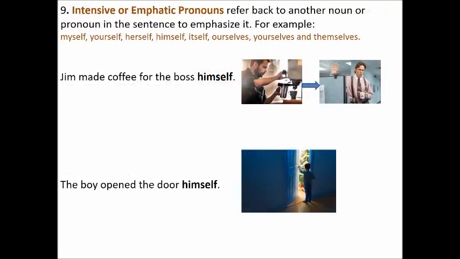Ninth, intensive or emphatic pronouns. They refer back to another noun or pronoun in the sentence to emphasize it. For example, myself, yourself, herself, himself, itself, ourselves, yourselves, and themselves. Jim made coffee for the boss himself. The boy opened the door himself.